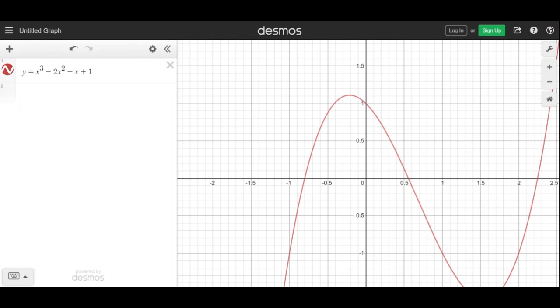But here, when we plug in negative 1/2, there is a zero, so the result is not alternating in signs. And that's how we apply the boundedness theorem. Again, those are the two rules for the boundedness theorem, A and B.